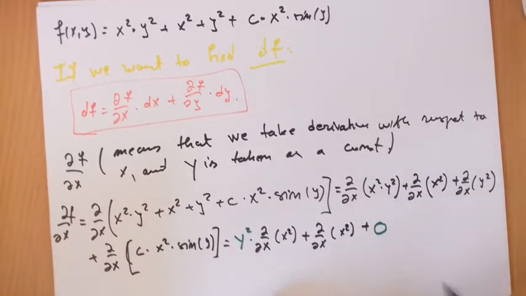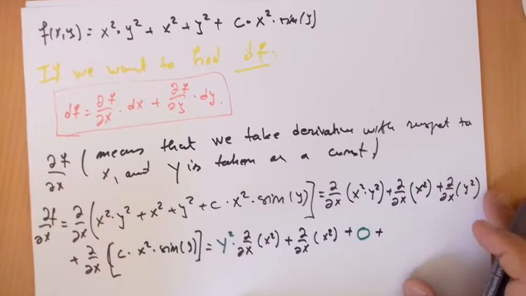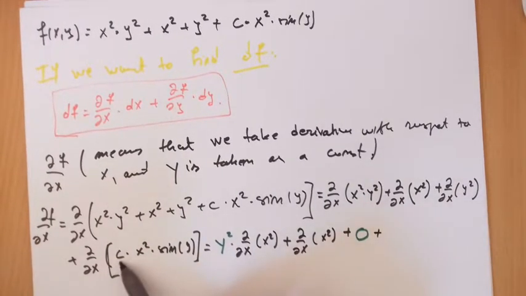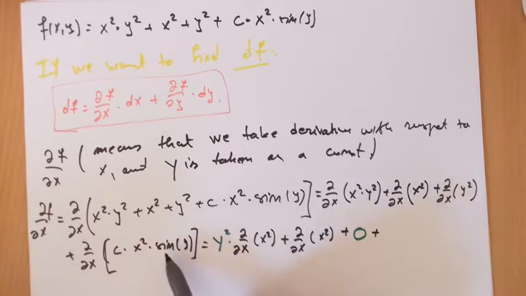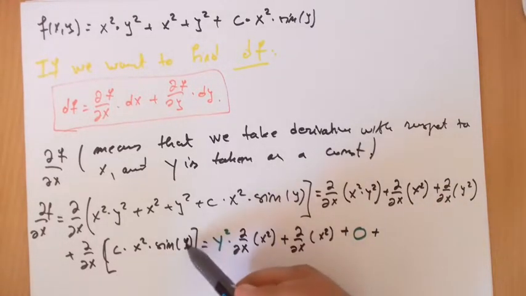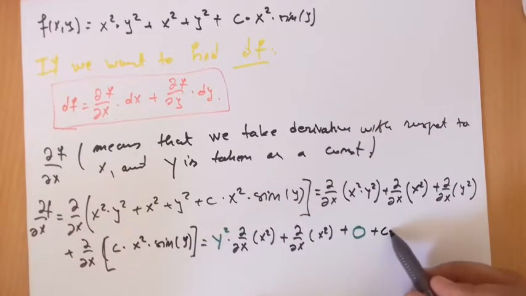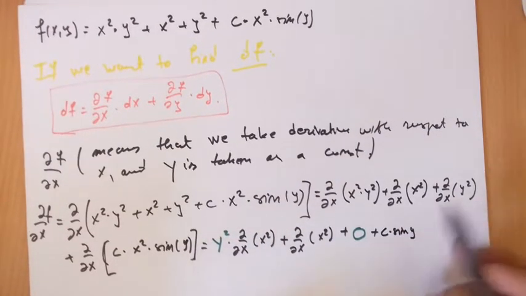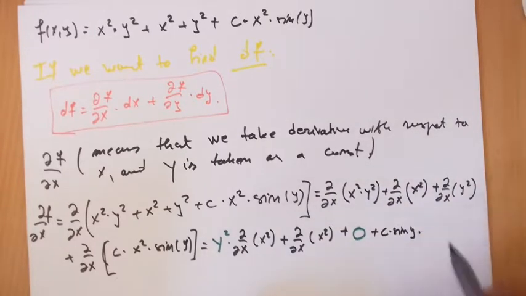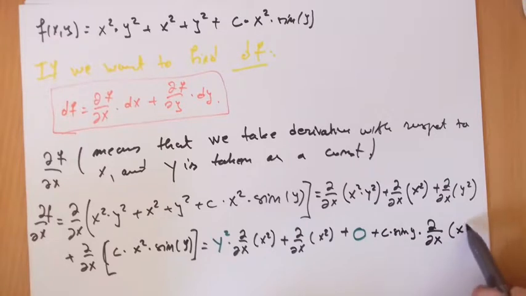Plus, c is a constant and sine of y is a constant because here we have y, so c times sine of y goes before, times the partial of x squared.